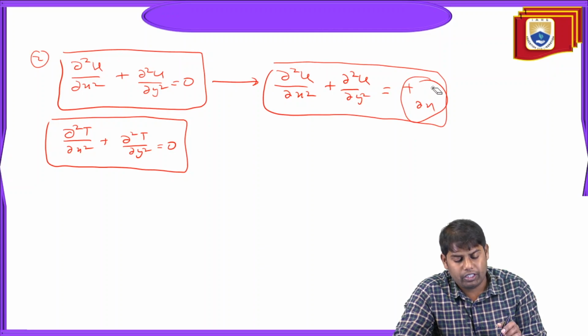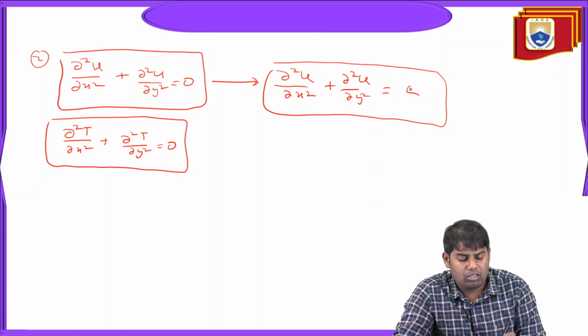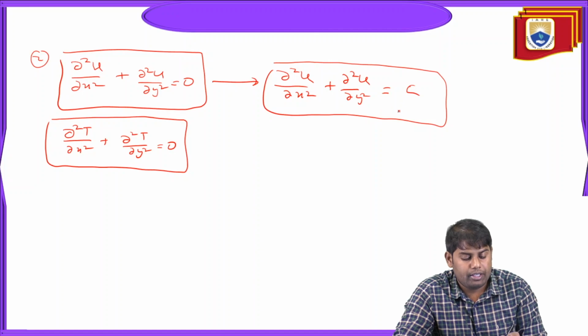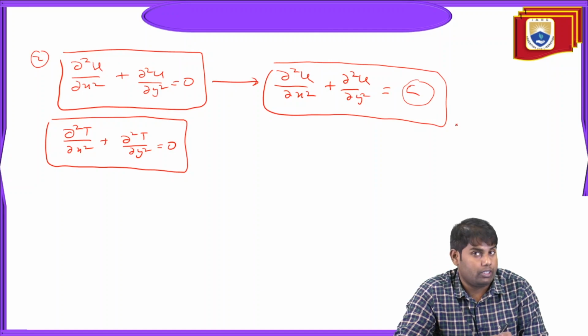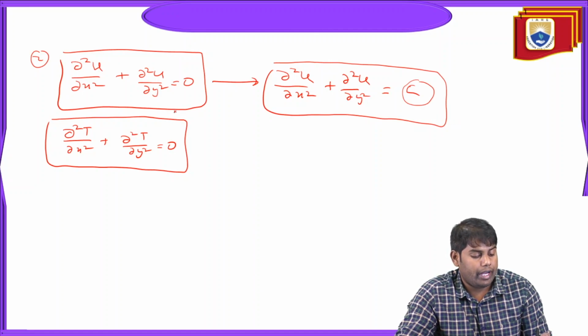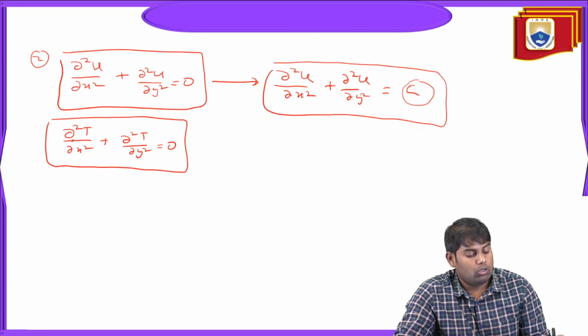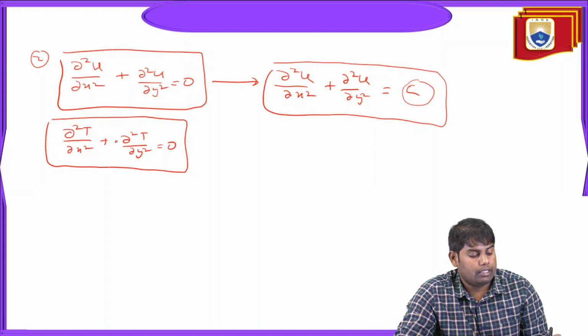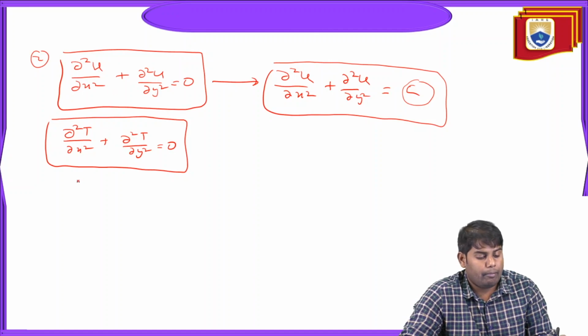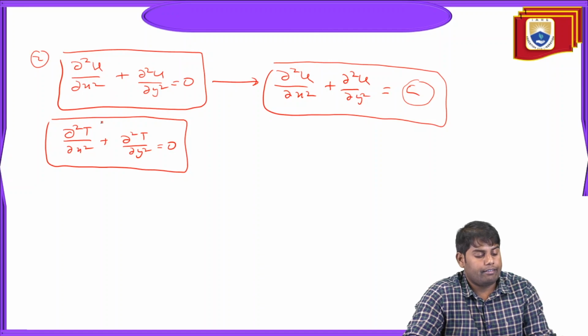Instead of this, you can take some constant c or any other term. Basically, having a non-zero term on the right side makes this a Poisson equation. When it is 0, we say it is a Laplace equation: ∂²T/∂x² plus ∂²T/∂y² is equal to 0. These two we can compare, and you take either one.